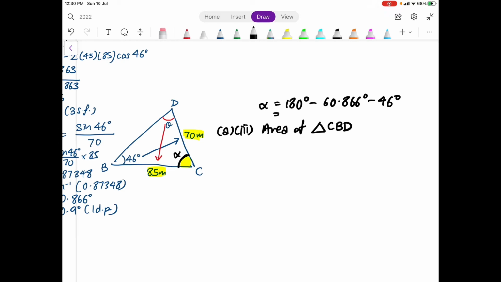I got 73.134. So area of triangle CBD is half times base, half ab sine C, right? Half times 85 times 70 times sine of the included angle. Press your calculator.